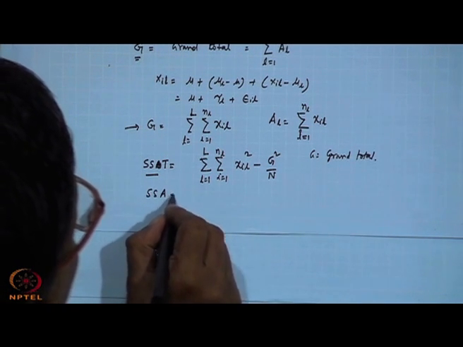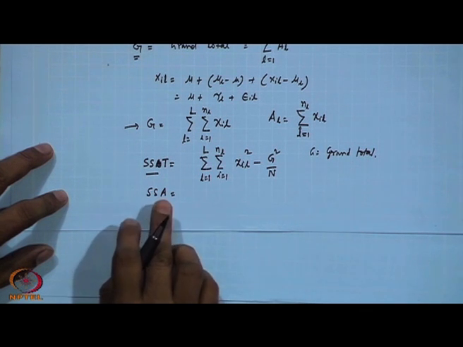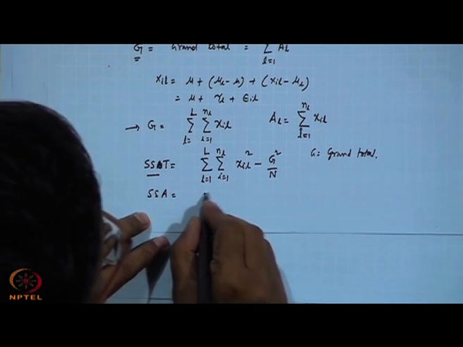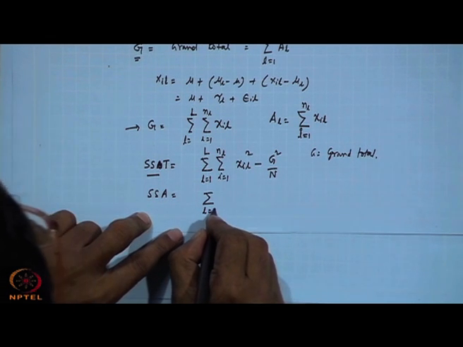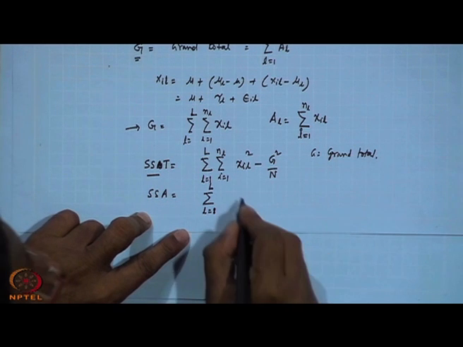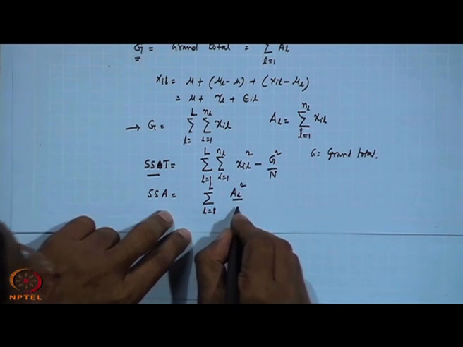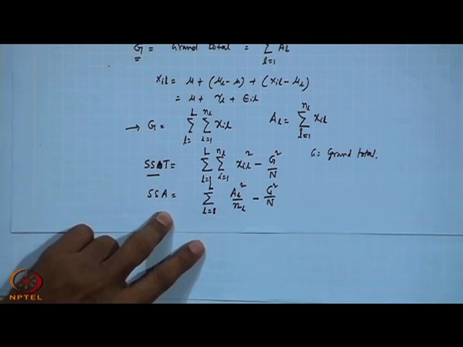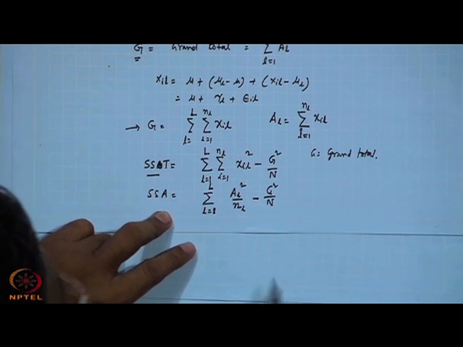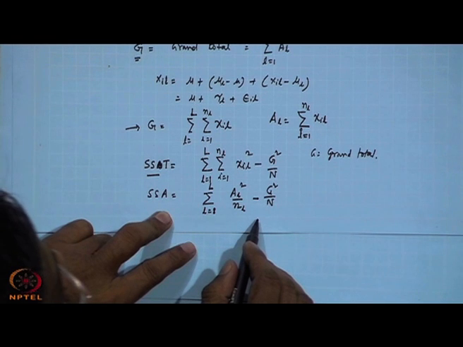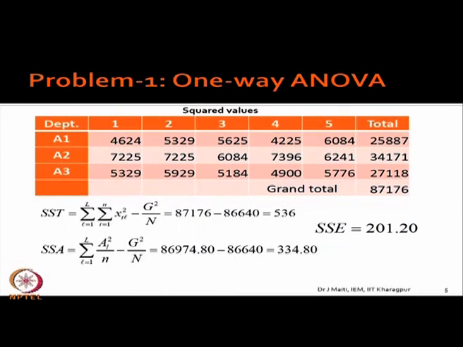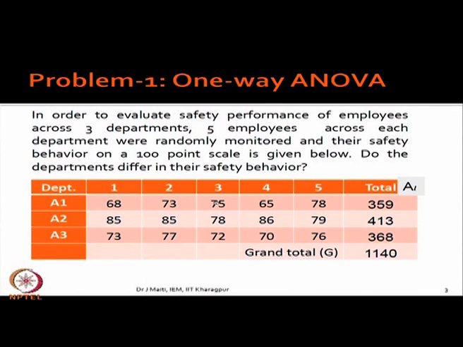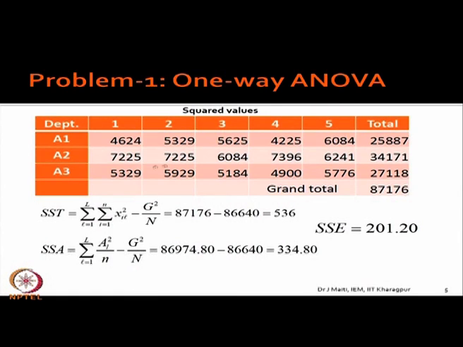Now, sum square A means the population, we are defining that population A. This one is the sum over L equal to 1 to capital L of AL square divided by NL, minus G square by N. If you see here in this slide, these are all the earlier values, the 68, 73, 75 like this, and these values are squared.